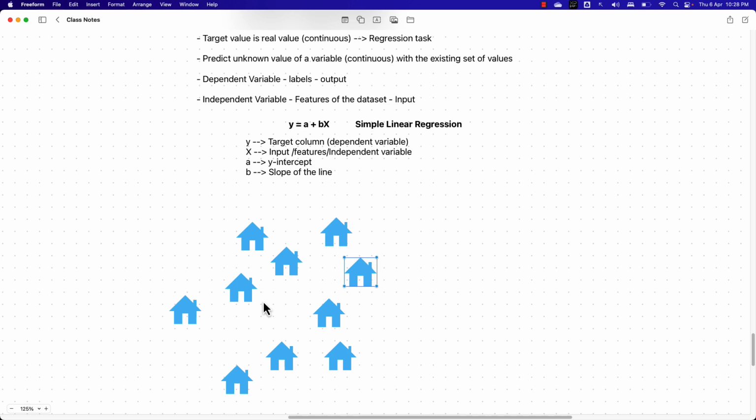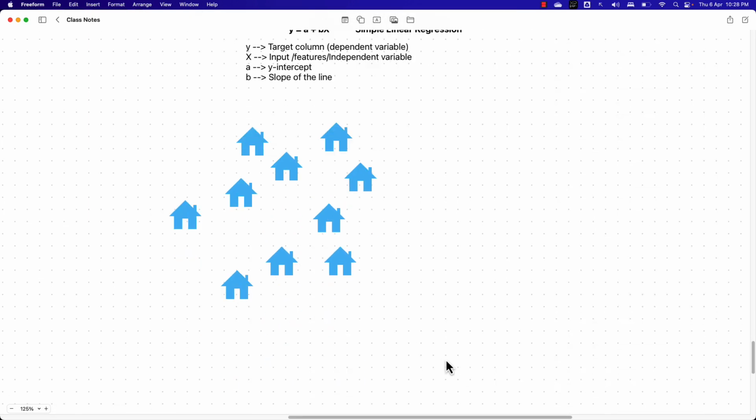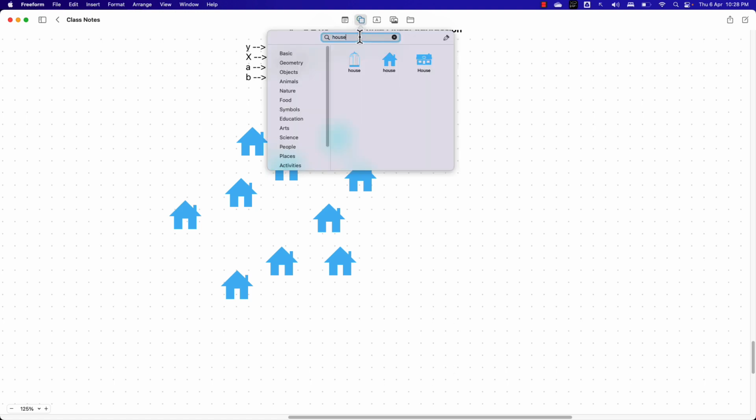Now, when I have the houses present in an area, let's suppose I am a politician and I'm interested in developing this area. I can develop any area by providing connectivity. So let's say that I want to construct a road for all these houses.